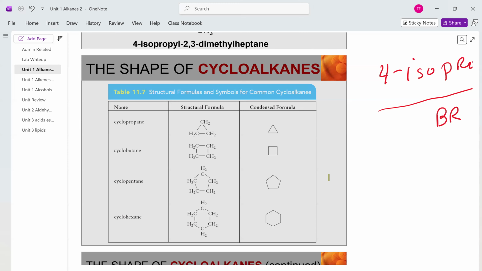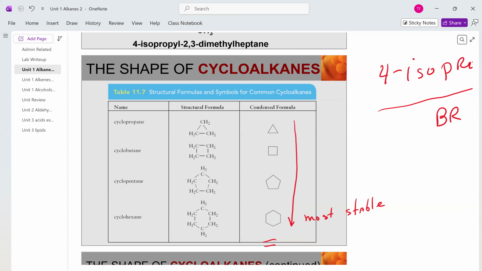Okay, so the line drawing version looks like this here. As we get up to number 6, 6 is the most stable of the cycloalkanes, and that's because the bond angles are not strained.